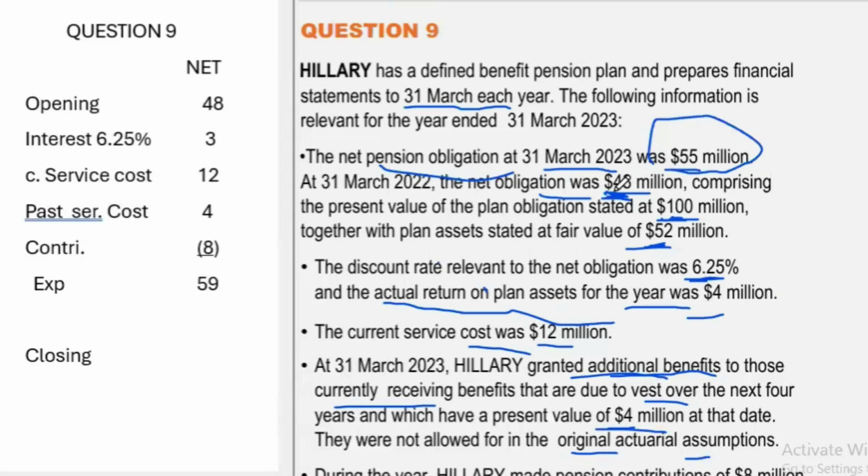That's the closing. 48 is the opening, and 55 is the closing, which has both the asset and the liability. When you net the asset and liability, that's what gave us the opening 48, right? Now let's check this one out. So we have the closing to be 55.